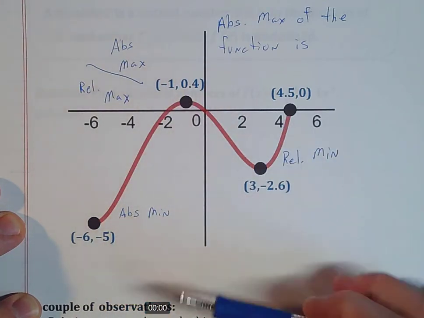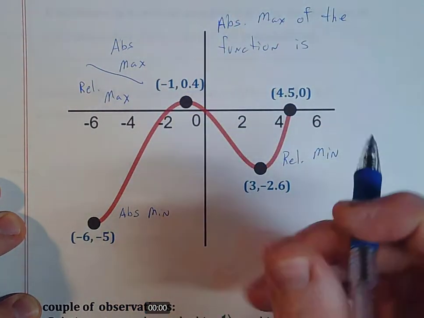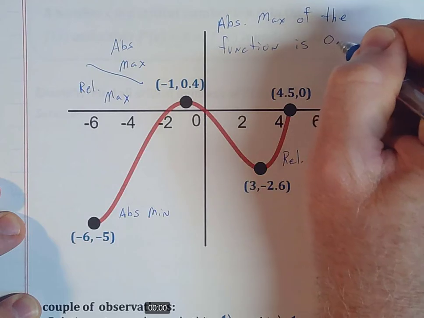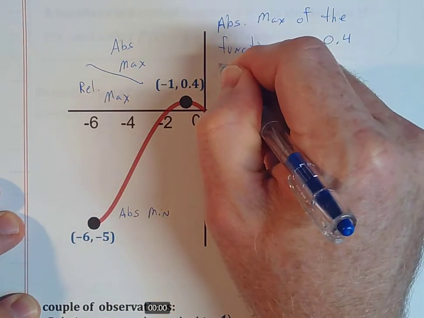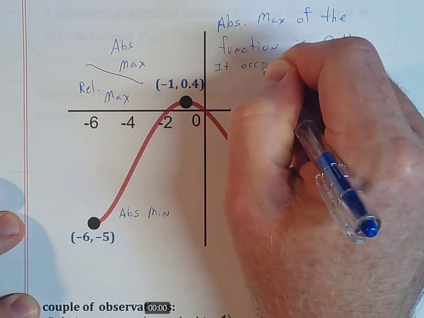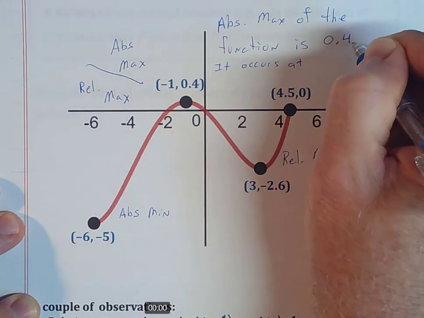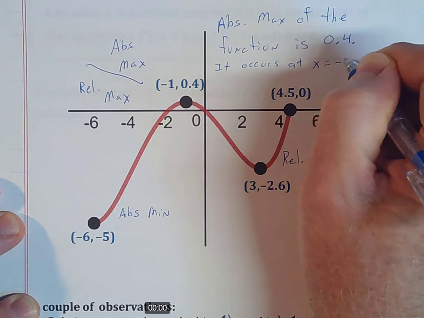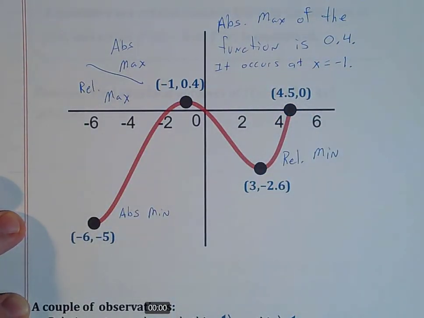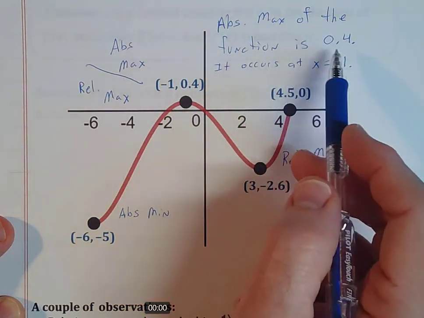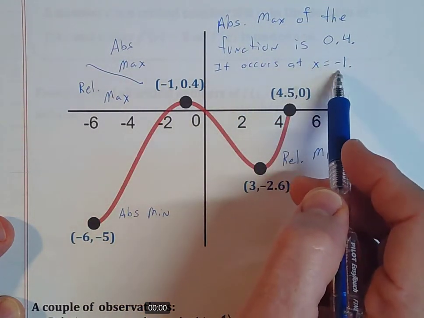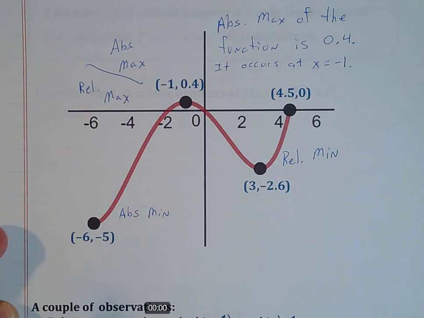When I say how high is it, I'm talking y coordinates. So the absolute max of the function is 0.4, and it occurs at x equals -1. Okay, so we are talking about the point, but really the max of the function is 0.4, and it is occurring at x equals -1.